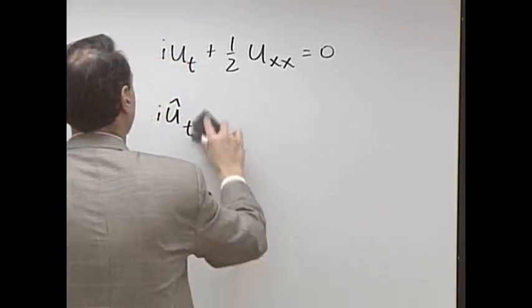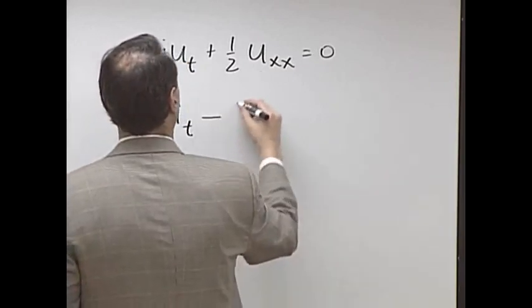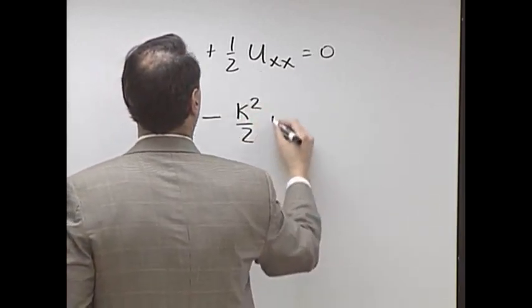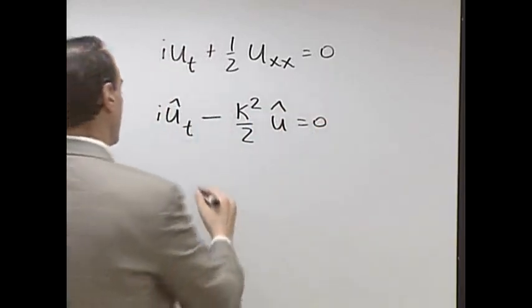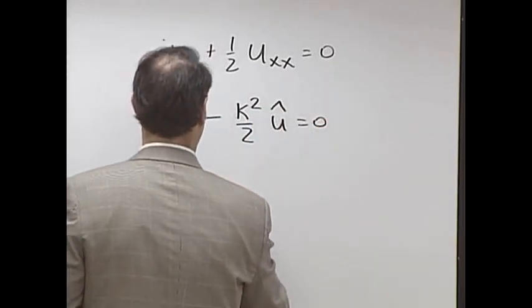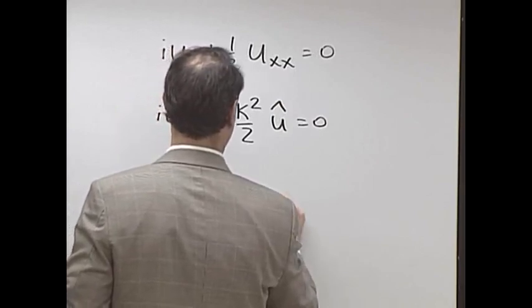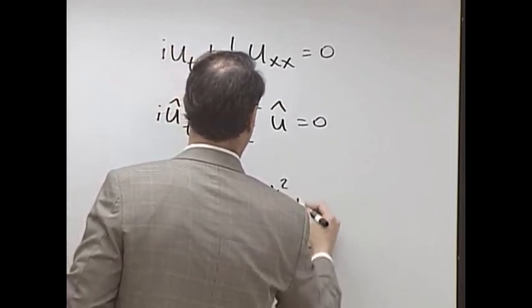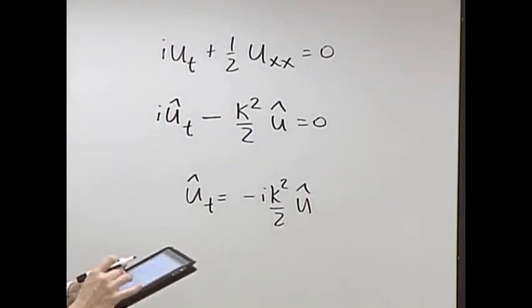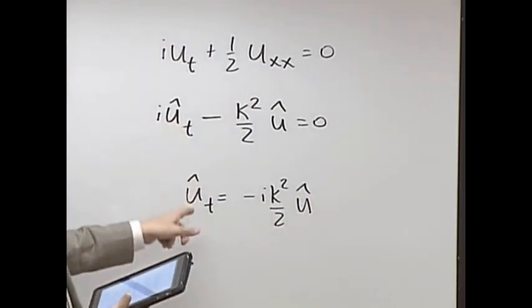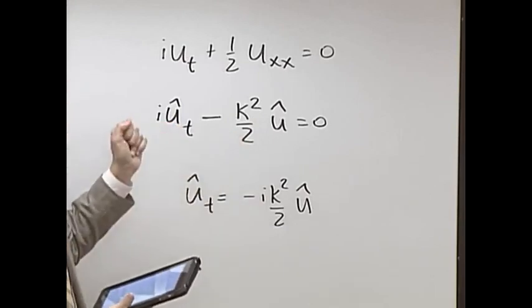Then I put it over here and I multiply by negative i.